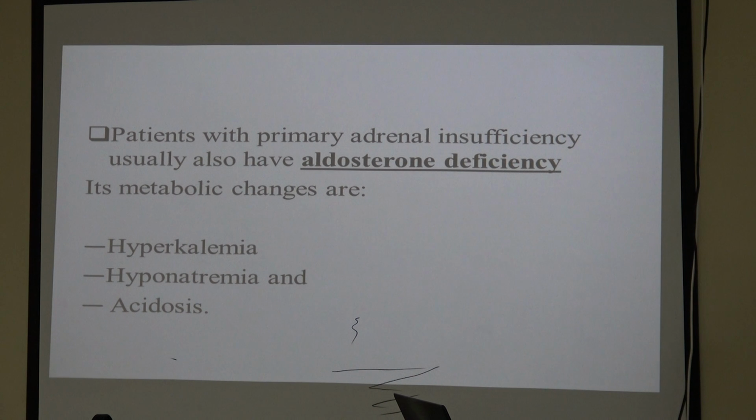The physician sees the patient, takes history and examination. If it is in favor, he will tell the lab, I want this investigation, a screening test. If both are in favor, then a confirmatory test. Then the overall picture is seen: this is the history and examination, this is the screening, this is the confirmatory test.